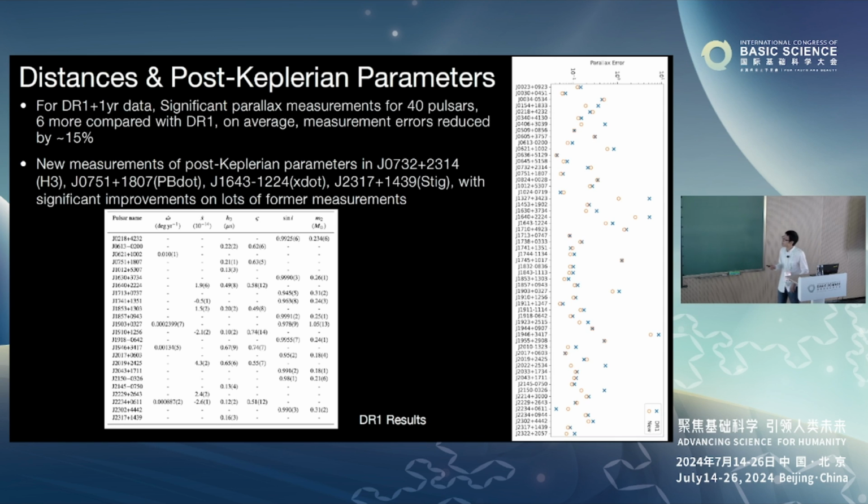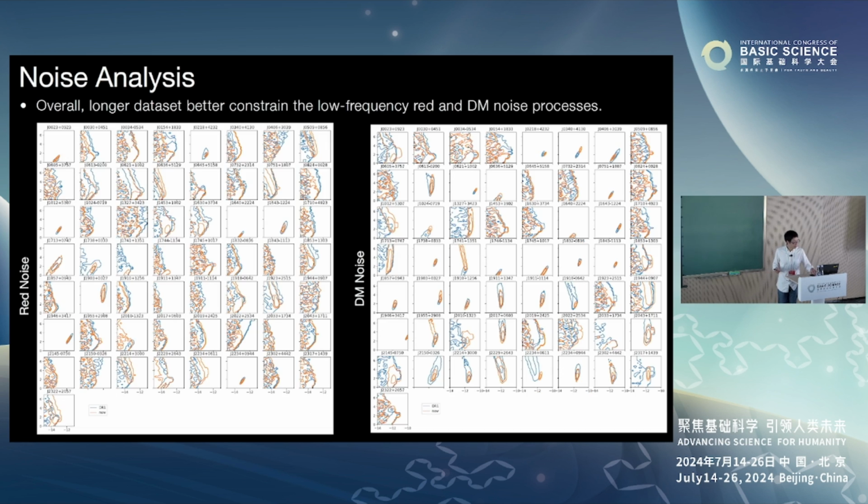But the early result is that with the longer data set, we can get much better timing results. You can measure many more parameters, and you can measure the pulsar distances much more precisely. And the pulsar distance is very important for later continuous wave searching.